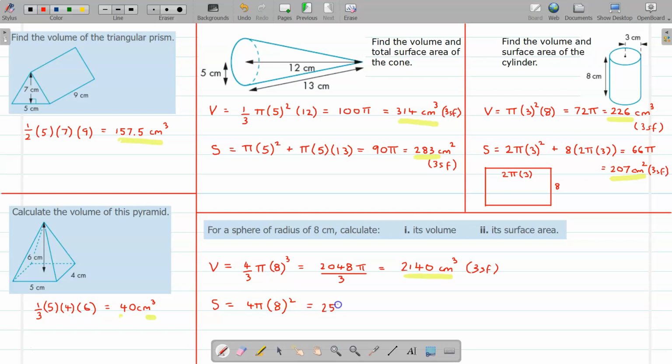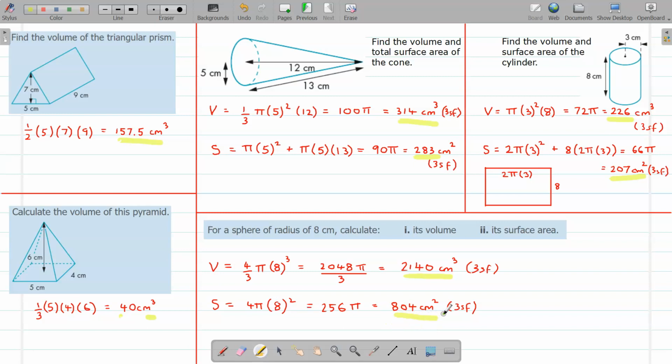So it's 256 pi in exact form. And if you decimalize that, it comes to 804 centimeters squared to 3 significant figures.